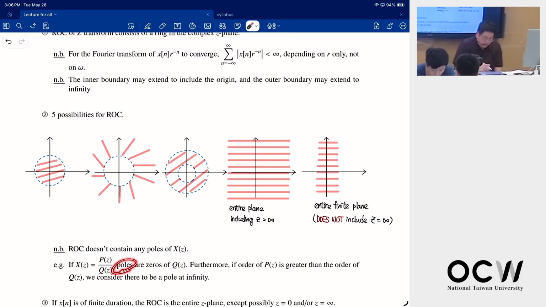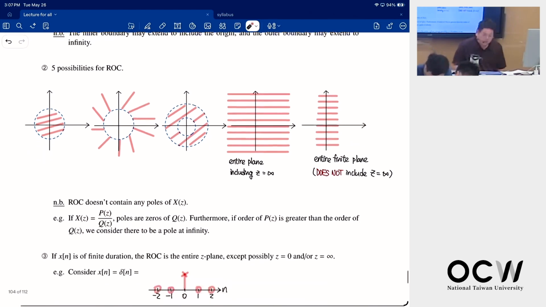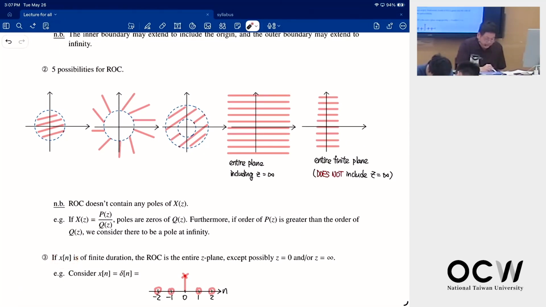What are the poles? The poles are the zeros of Q, in the denominator. If the order of P in the numerator is greater than the order of Q in the denominator, then we consider that there is a pole at infinity. If x is finite, then the region of convergence is the entire z plane, except possibly 0 or infinity.